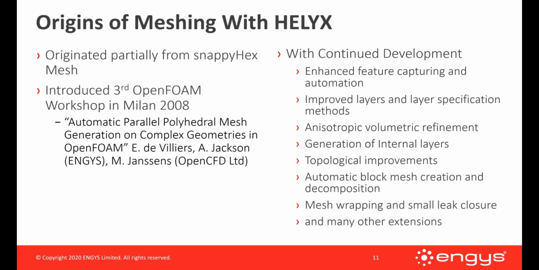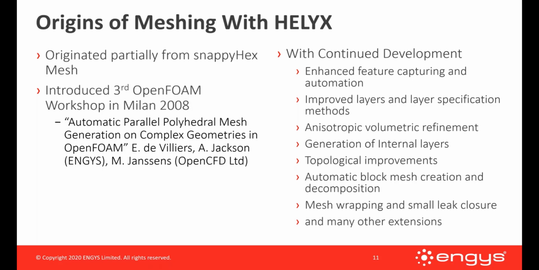Now that kind of feature is within OpenFOAM and snappyHexMesh, but we've had this for several years now, and users have been able to reduce their mesh count by using anisotropic volume refinement, generation of internal layers on things like boundaries of cell zones or baffles, things like that, topological improvements. There's automatic block mesh creation and decomposition, so you don't even need to mess with a blockMeshDict to create a background mesh in that methodology.